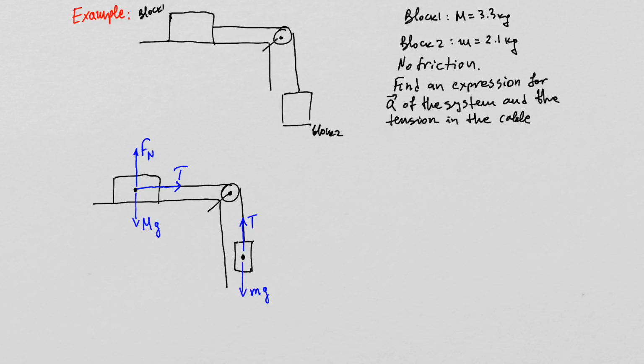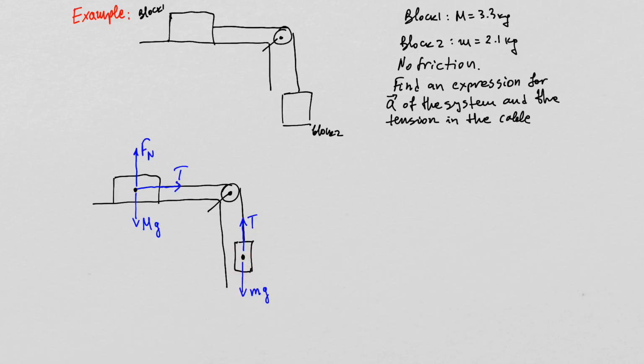Since the two blocks are connected together with this cable, and the cable, again, we consider to be not stretchable, uniform, massless, that means that both blocks will be moving with the same acceleration. So this is my system of two objects that is moving with the same acceleration.